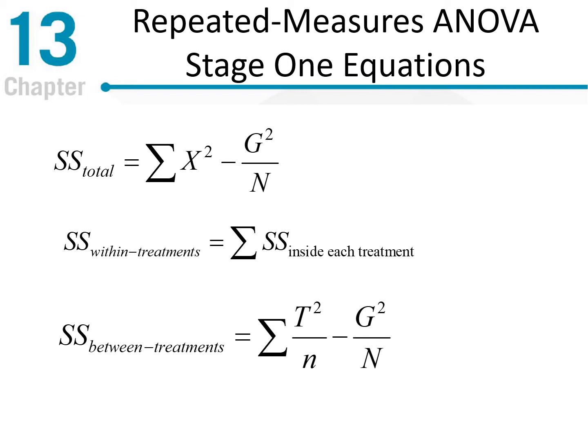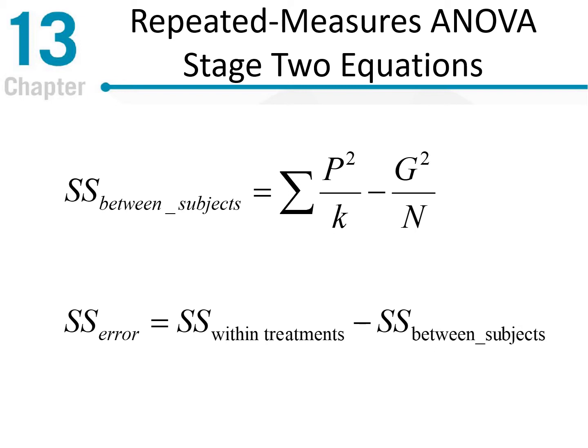So the sum of scores in each group is the T, or total. When you add up all the scores in each group, you get T. Square that total, divide by the number of individuals in each group, which is little n, and then subtract the grand total squared over the total sample size. These are identical steps to what was just done.